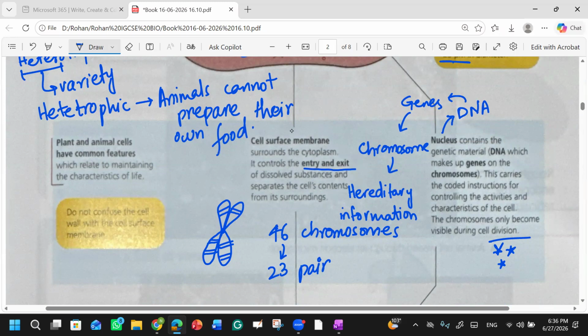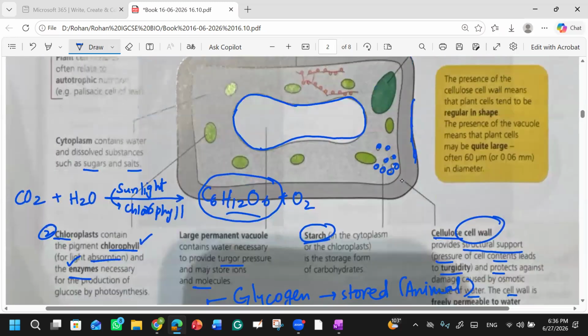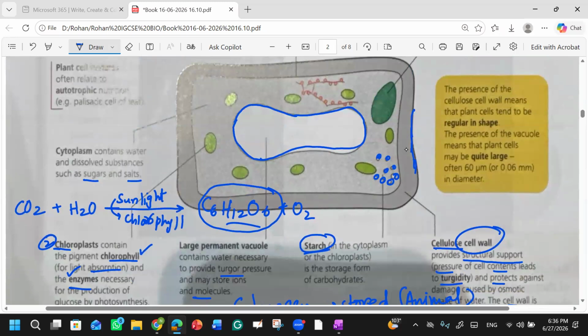So the inner cell membrane is semi-permeable and only allows few substances.